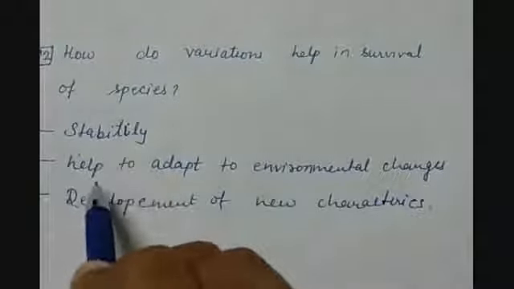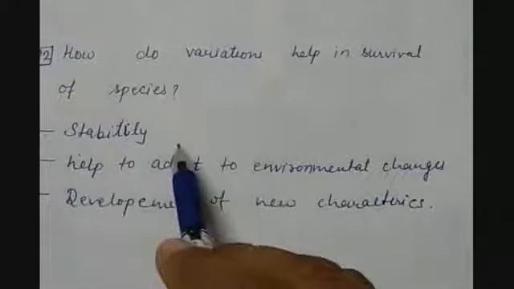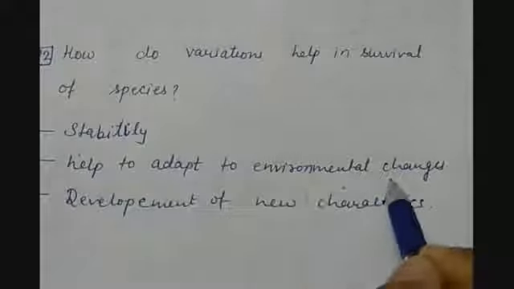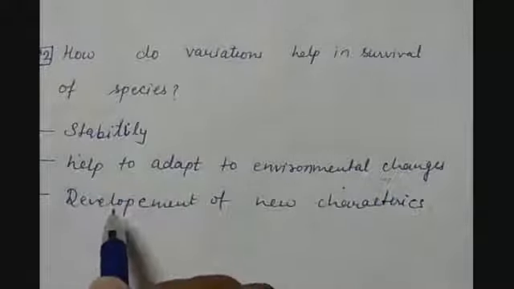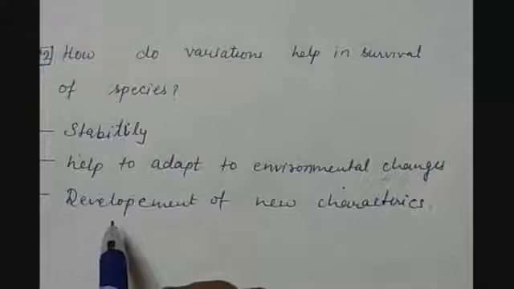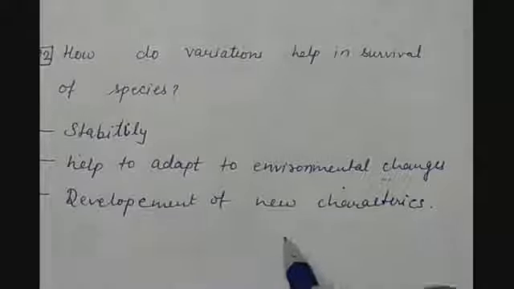It also helps to adapt the species to the environmental changes. Then the next importance of variations is that only because of variations there is a development of new characteristics in the offspring.